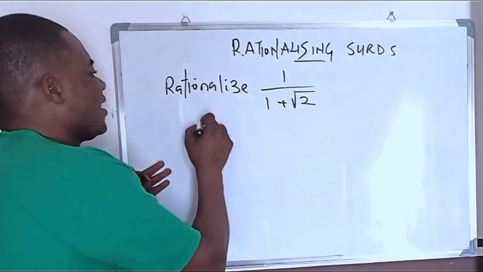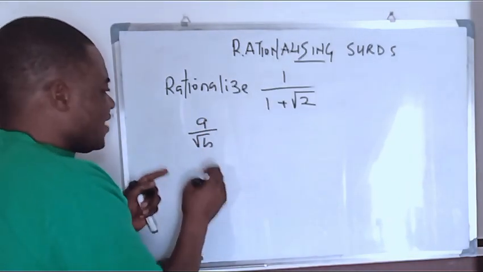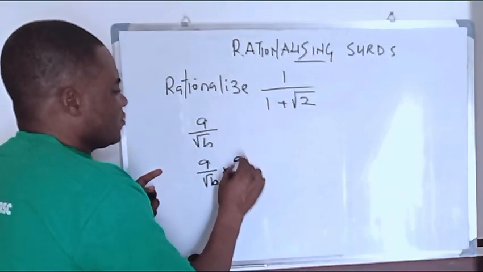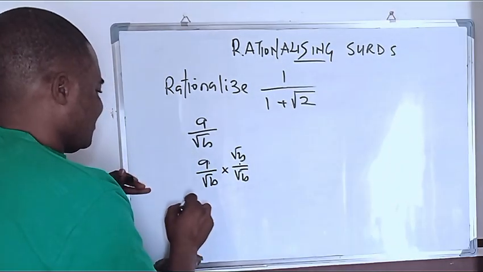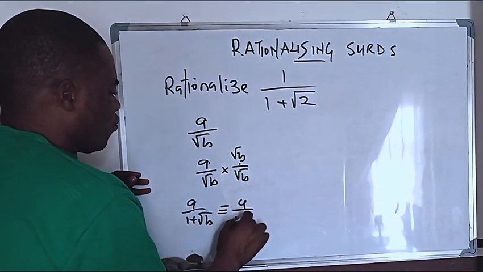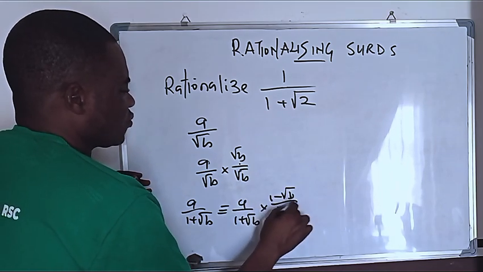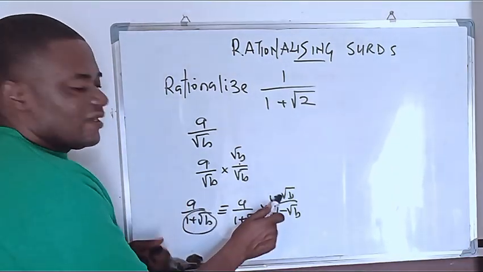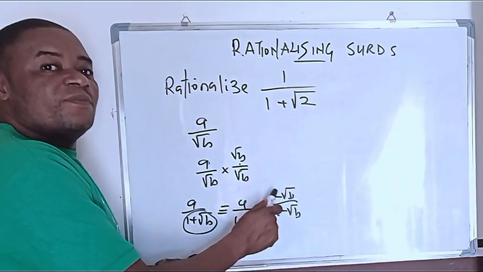That is to say, if you are given A all over root B, if you must rationalize this surd, then you have A over root B multiplied by root B over root B. And if you are given A over 1 plus root B, then it means that you have A over 1 plus root B multiplied by 1 minus root B over 1 minus root B. So you are going to use the denominator to create another fraction of a surd which will be in its inverse form.